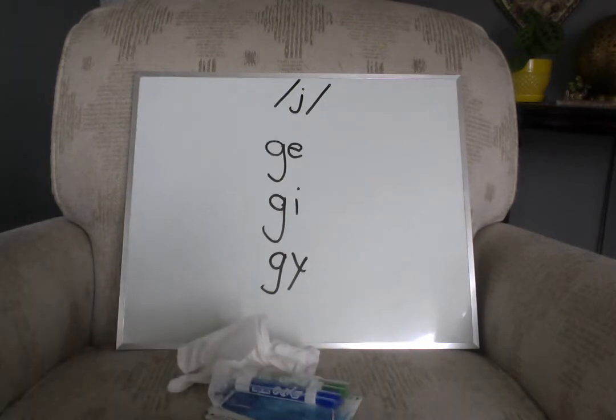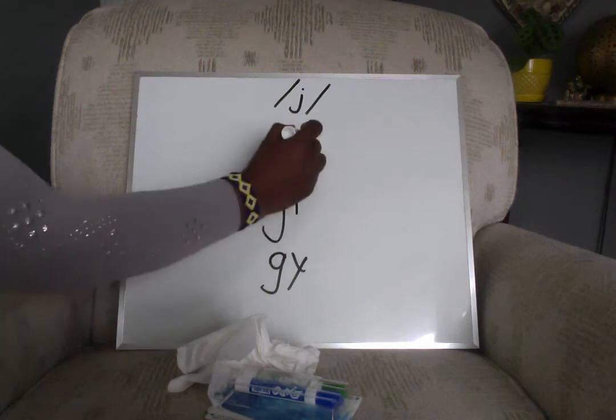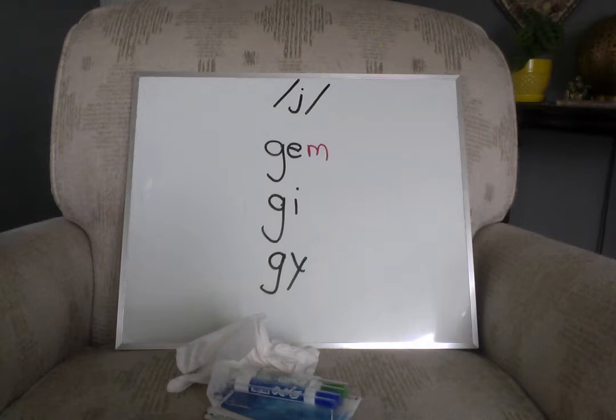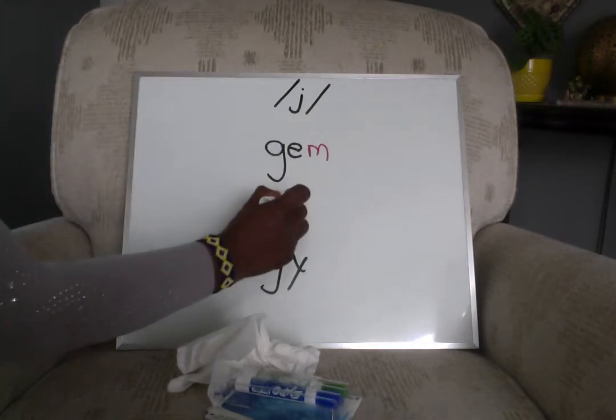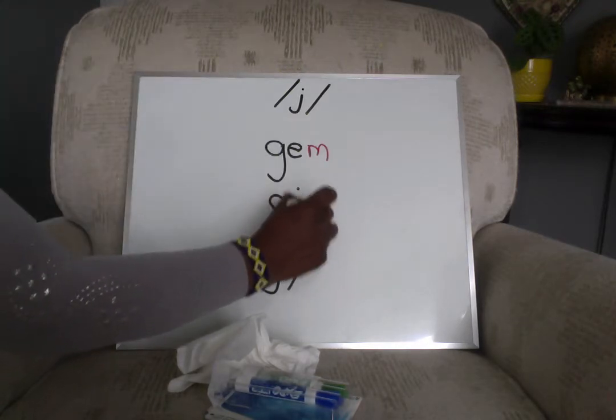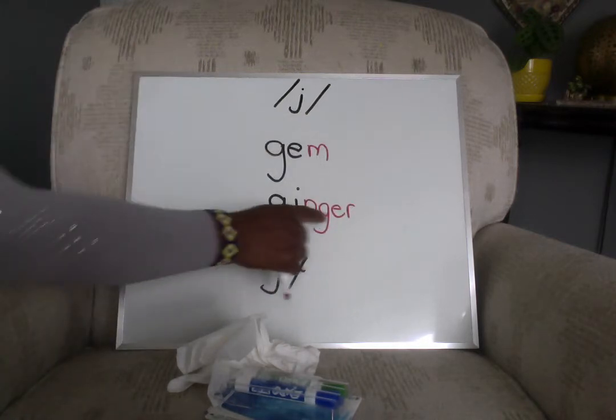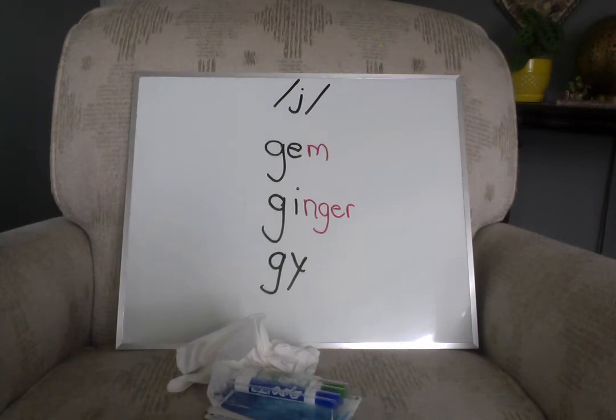Let me give you an example. Gem, a stone. A ruby or an emerald, that's a gem. All right? I love to drink a ginger drink. Ginger.